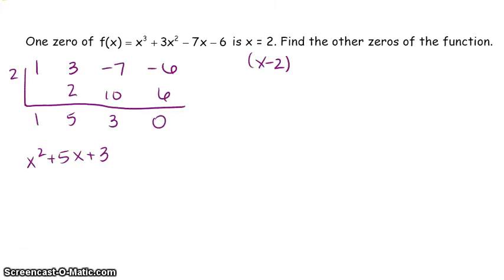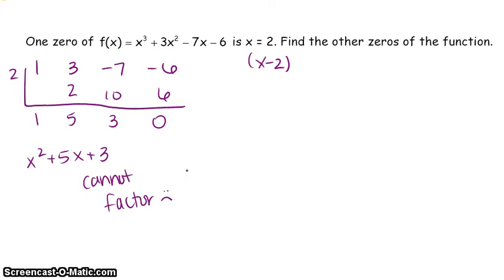Okay, so once you use synthetic division, you should get x squared plus 5x plus 3. If you did not get that, pause the video and check your work again and compare with what I have. From this step, we know we have one factor of x minus 2, but we have to see if we can factor this. Sometimes we can, sometimes we can't, and in this case, it does not factor.